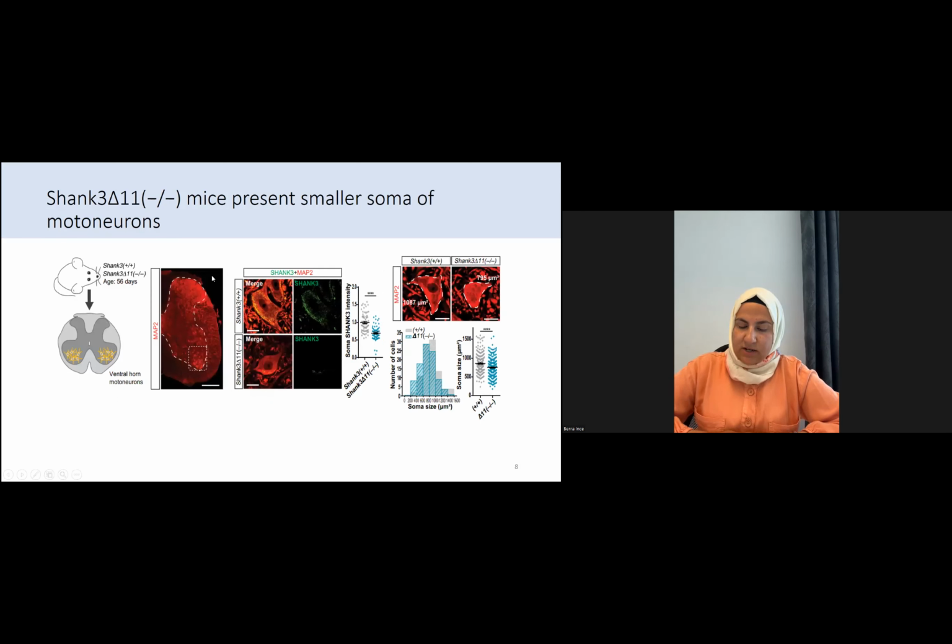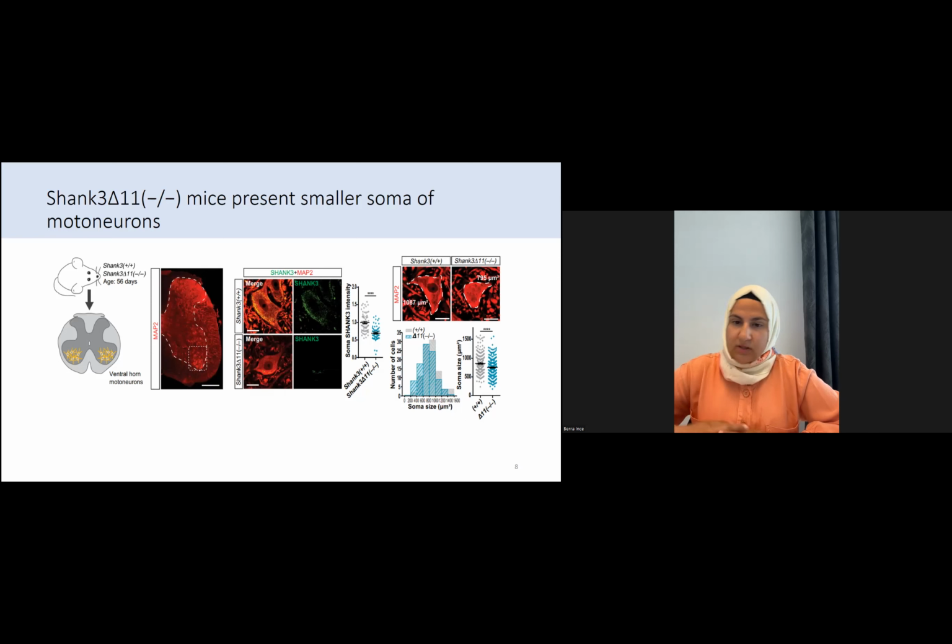Then we stained cryosections from the spinal cord, from the lumbar part. And then we stained against MAP2. MAP2 stands for microtubule-associated protein 2, and it's a marker for alpha motor neurons.